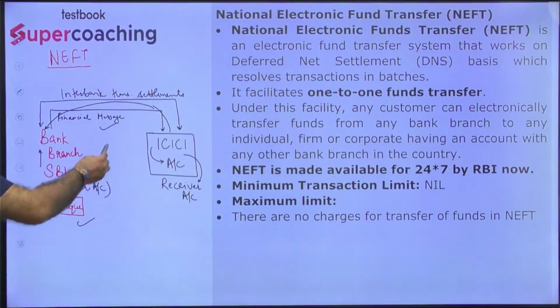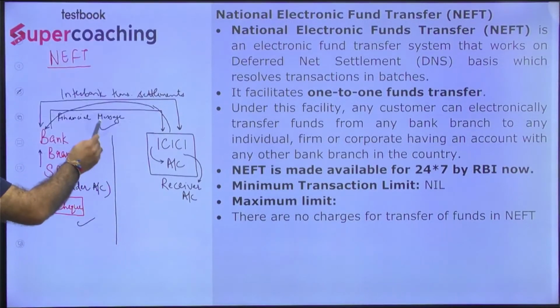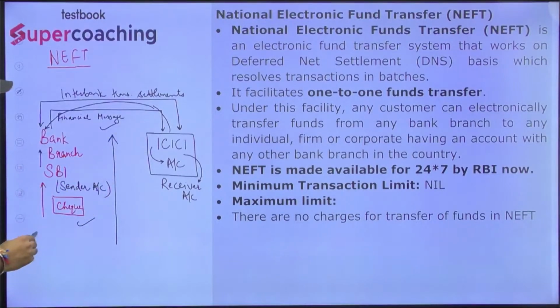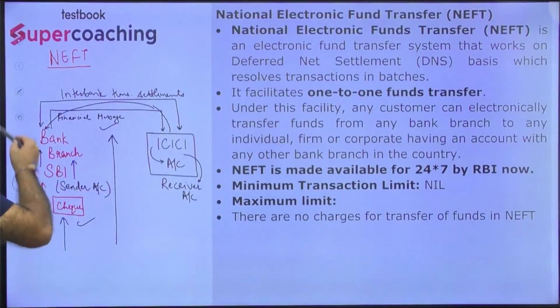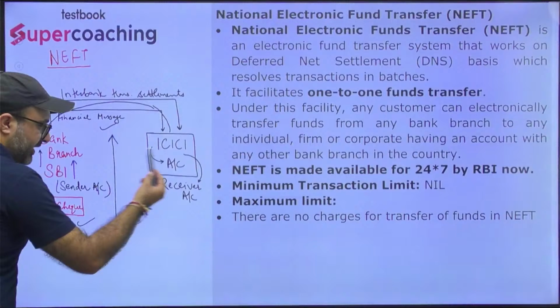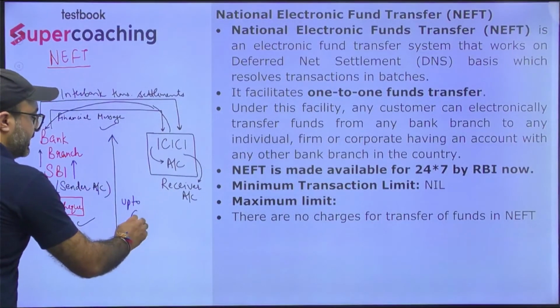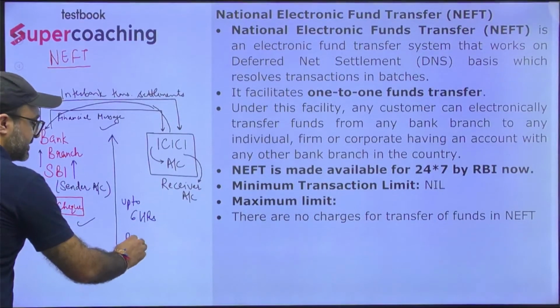in case of NEFT, transactions are not settled on a real-time basis, which means the moment you raise the request to your bank, the bank will raise the request further, and now this request will be entertained. It may take 5-10 minutes, it may even take 6 hours. Because in this case, transactions are done in batches.